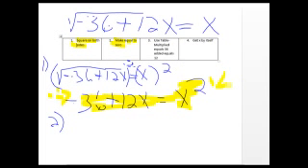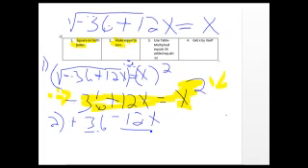To do that, we need to do opposite operations. So you have positive 36 minus 12x. Same thing on this side, the positive 36 and negative 12x.